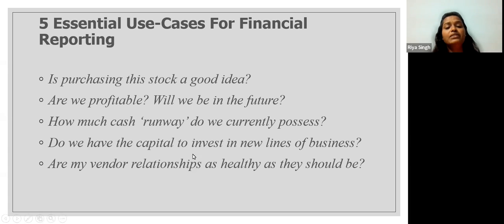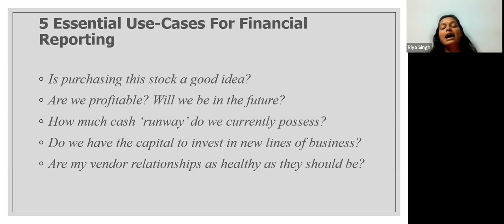Next is, do we have the capital to invest in new lines of business? By checking the financial reporting, as we know, the balance sheet shows the assets and the liabilities of the company.